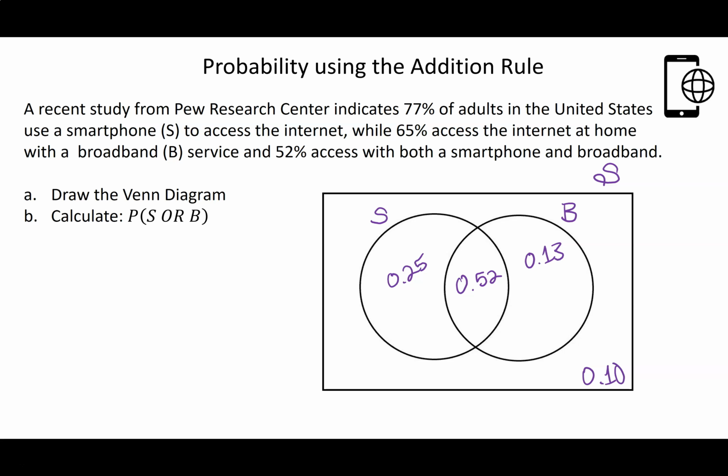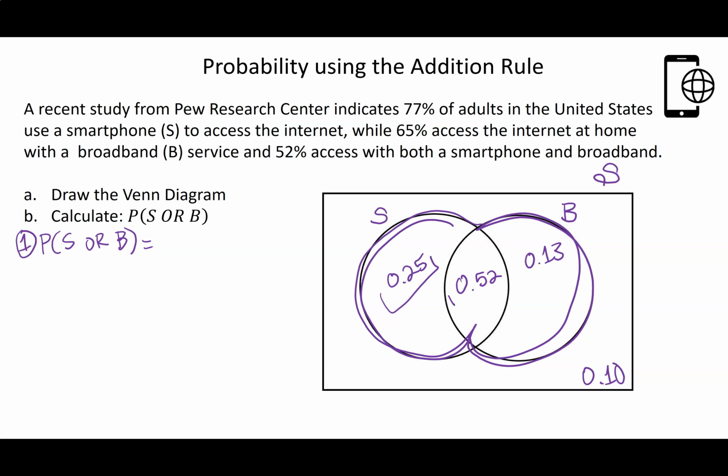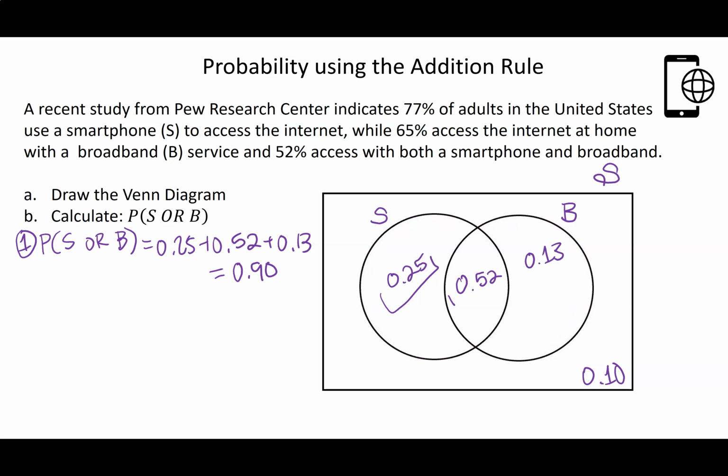So now that I have the addition rule, remember last time what we did. Last time we said probability that S or B happened. We went ahead and we added 0.25. So we said, hey, I want this. So you count those 3 wedges. You went 0.25 plus 0.52 plus 0.13, and we got that 0.90. And that works.